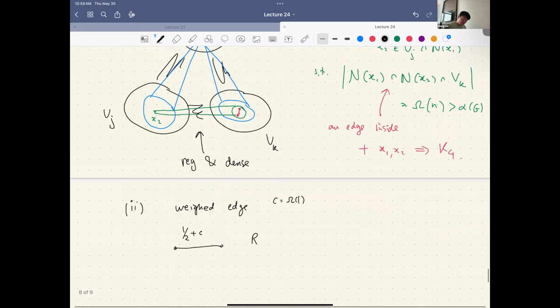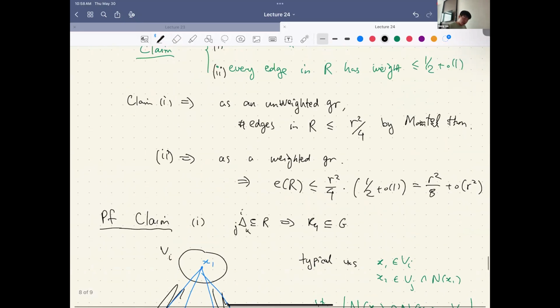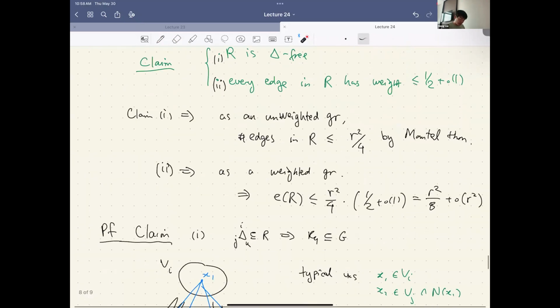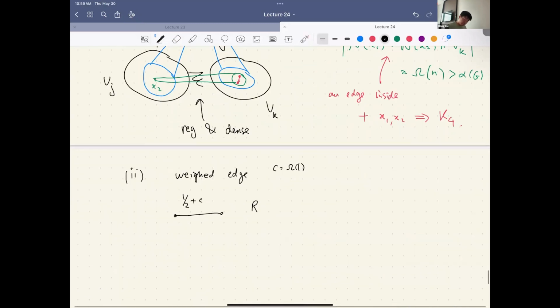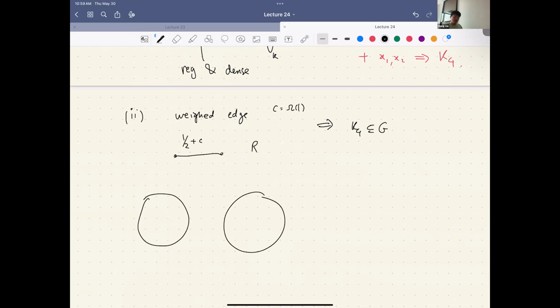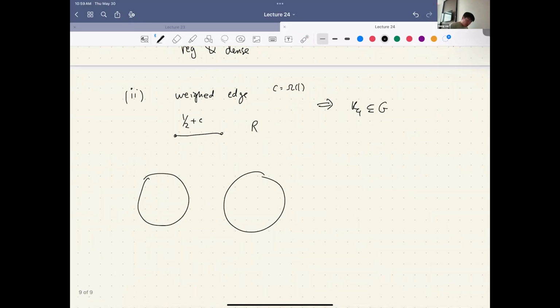Suppose otherwise, suppose this is false, so it's bigger than this plus some epsilon constant c. We're going to also embed K4 in G. What does this weighted edge mean? It means in the original one, you have some Vi, Vj, where it's dense, and the density is 1/2 plus c.